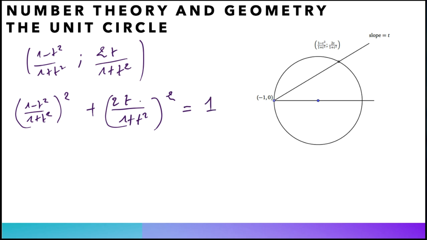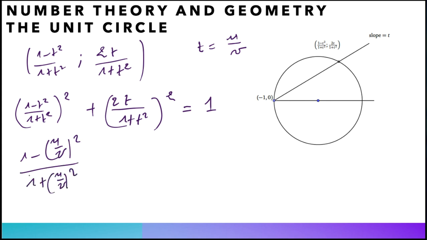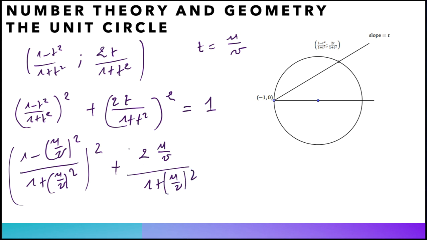Now, the fact that t is rational can be written as t equals a certain integer u divided by an integer v. If you substitute this here, we get ((1 minus (u over v) squared) divided by (1 plus (u over v) squared)) squared plus ((2u over v) divided by (1 plus (u over v) squared)) squared again equals 1.